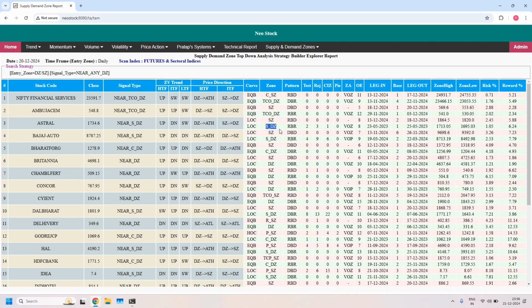Astral is having a high liquidity zone. Bajaj Auto is having high liquidity zone. Bharat Forge is having a high liquidity zone.